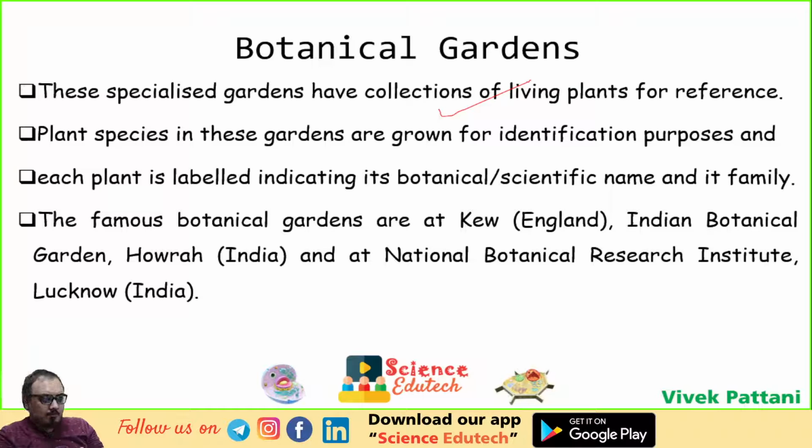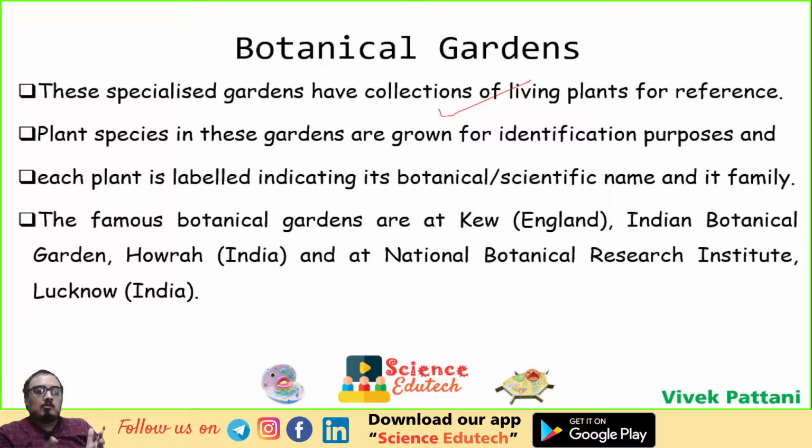A few examples of popular botanical gardens are those in England, the Indian Botanical Garden in Howrah, as well as the National Botanical Institute in Lucknow. Various kinds of plants having medicinal or economic importance, as well as rare plants, are also cultivated and maintained in botanical gardens.